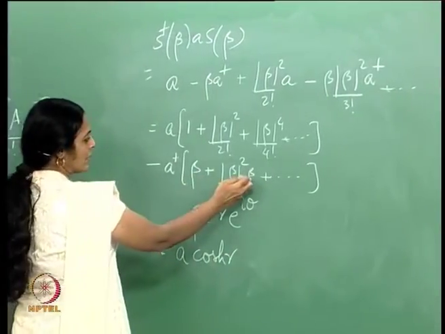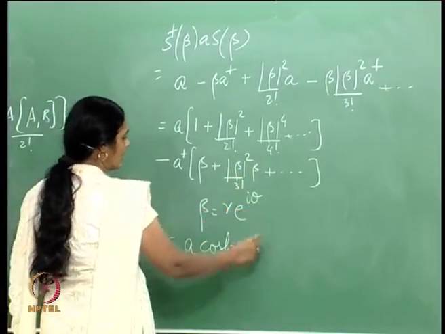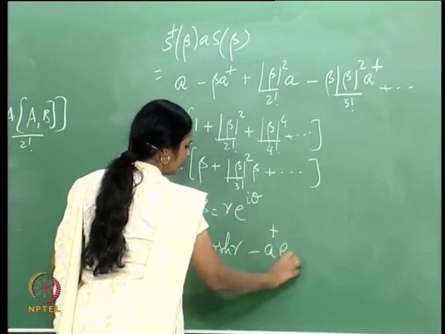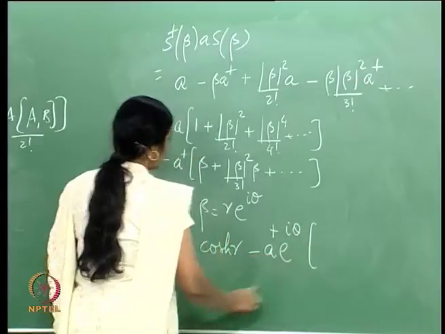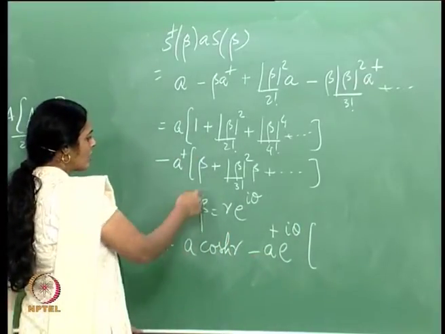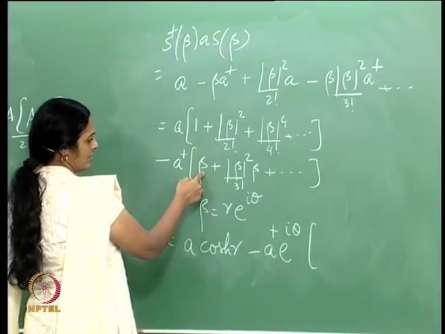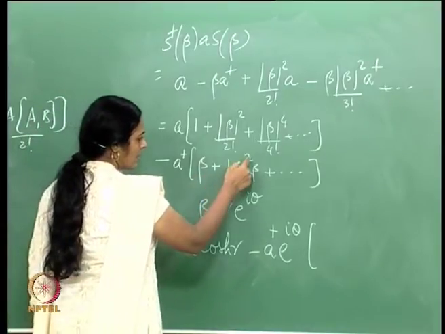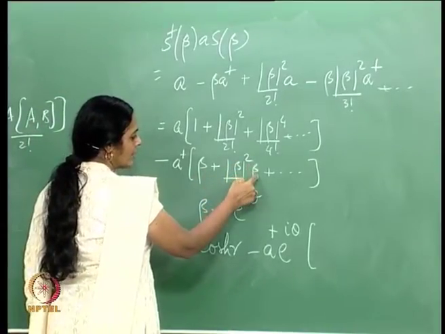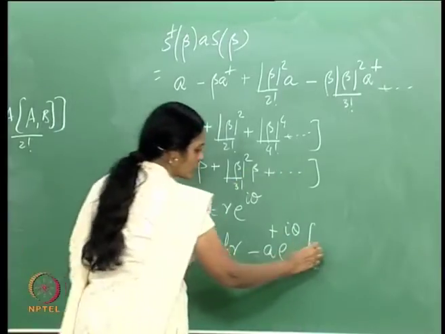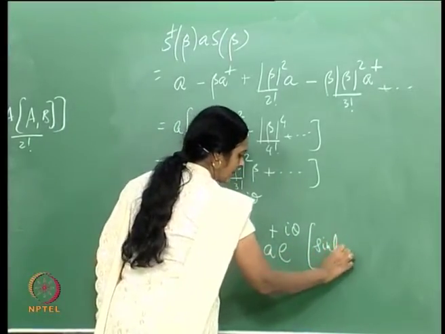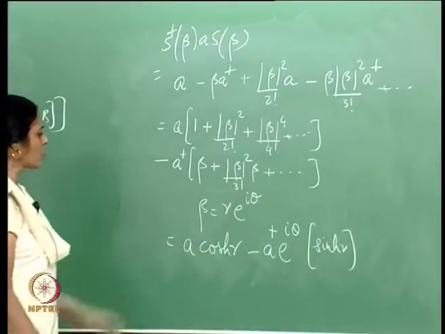There is always a beta here, so I can pull out an e to the i theta. And what is left behind is an r plus there is an r squared here and an r here, so an r cube by 3 factorial and so on. And this is what I have.